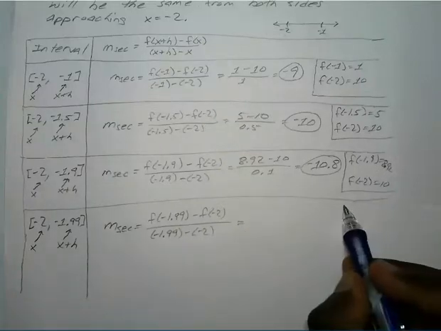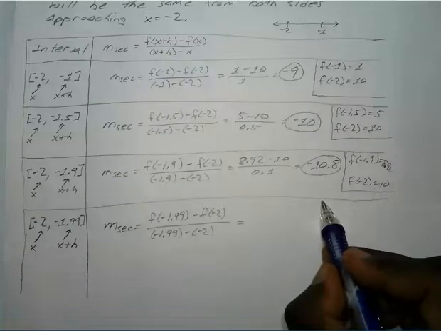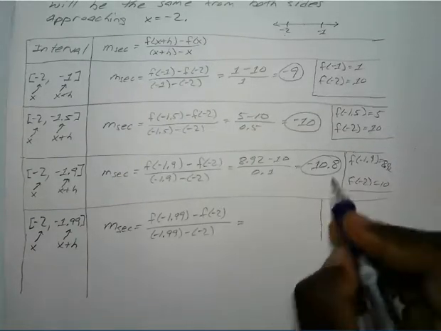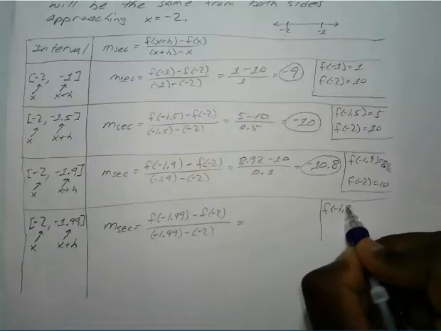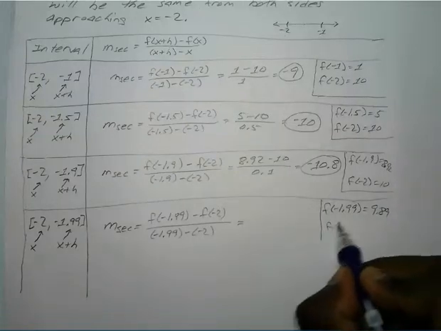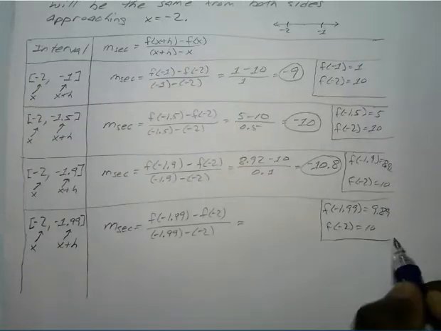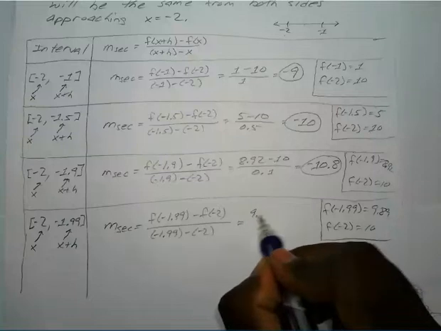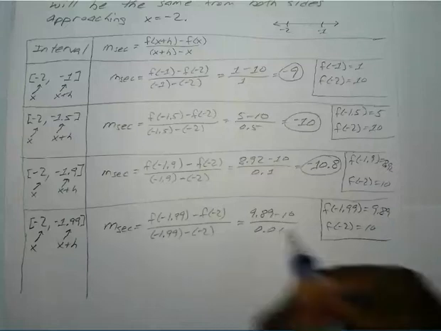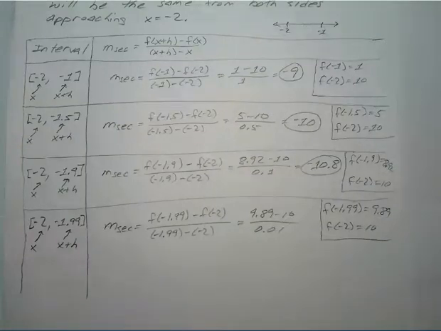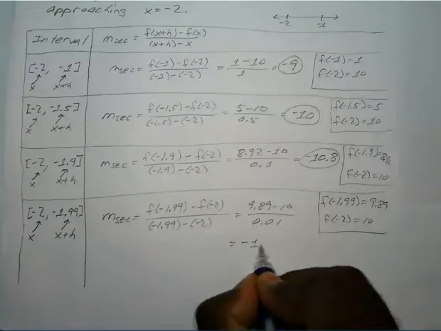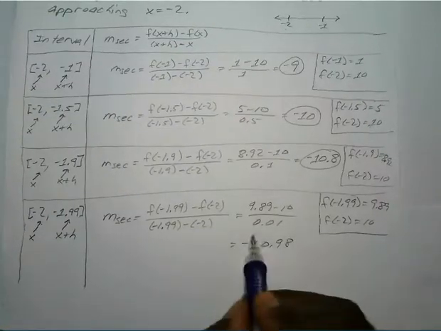Okay, so you can see here that, let me give myself a little more room there, f of negative 1.99 is 9.89, and of course our f of negative 2 is once again 10. So you have 9.89 minus 10 all over 0.01. Okay, so you end up with about negative 10.98.